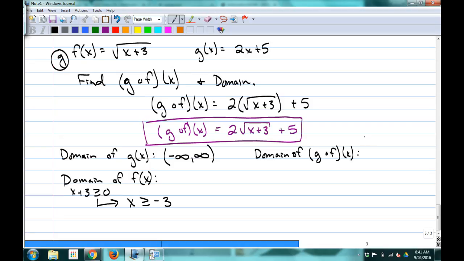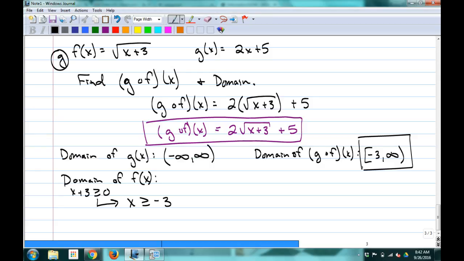There are no restrictions on the g of x function, so there's not anything I need to worry about there, but I do have a restriction from the f of x function. And it's that x has got to be greater than or equal to negative 3. That same restriction shows up in my composite function. There's a square root with an x inside of it, so we look at that, and it's going to be that same restriction. It came from the f of x function, though. So from negative 3 to infinity would be the domain of our composite function. That's what we're looking at there.